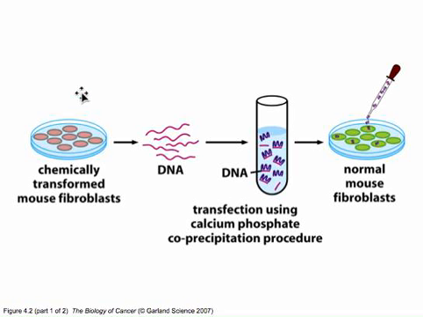So in these experiments, they chemically treated normal cells. They were able to generate mutations in normal genomic DNA, and then they were able to transfect some of this DNA into untreated normal cells.